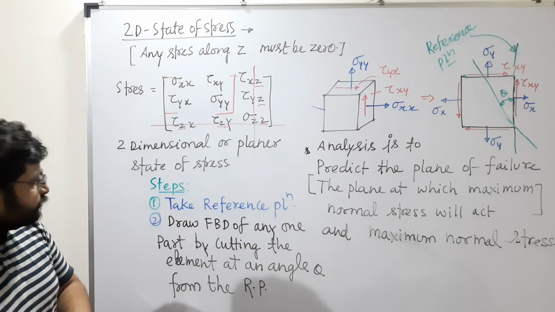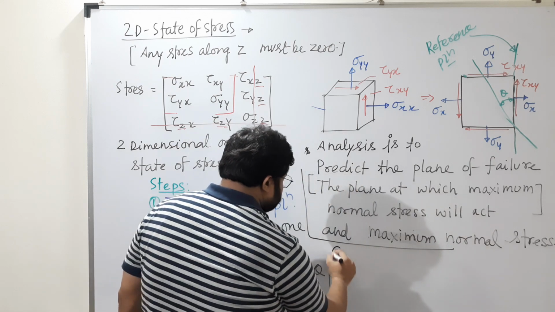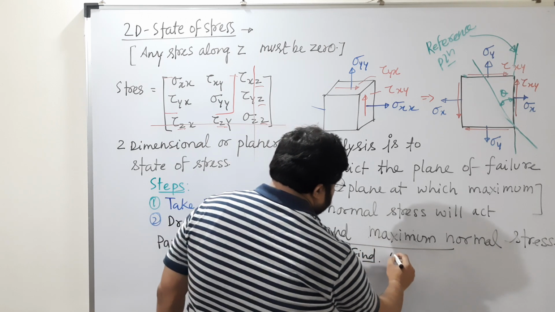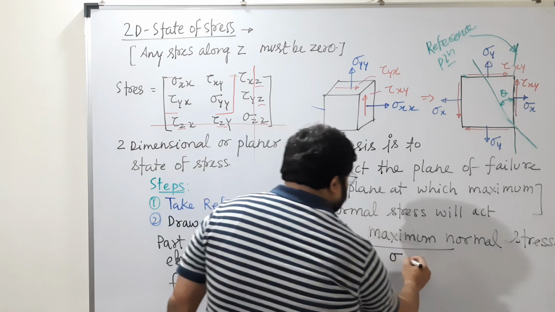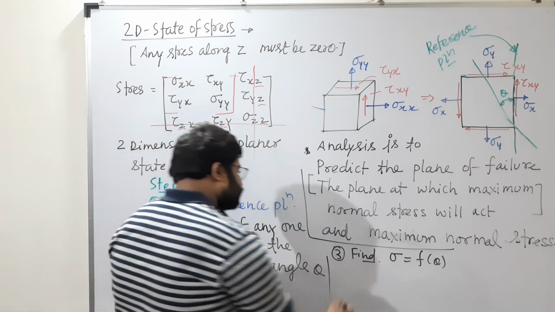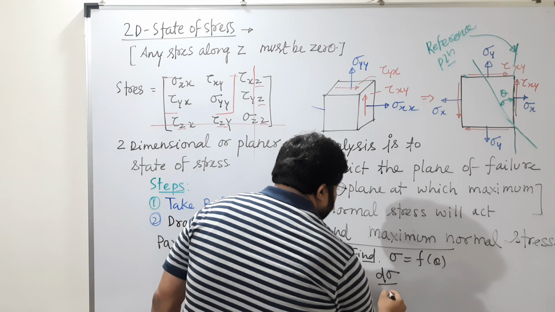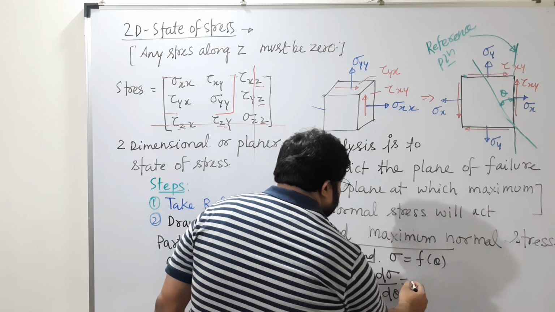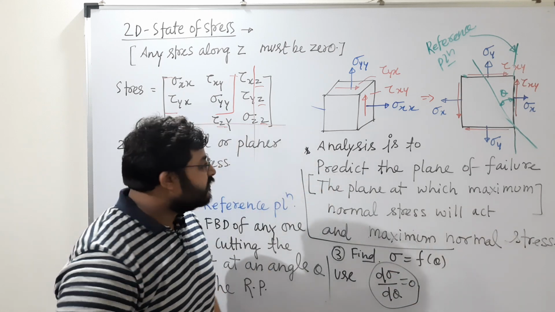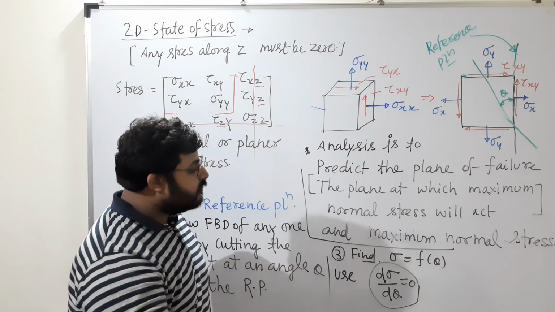Then the third step will be to find sigma as a function of theta, that is, the normal stress at an angle theta. Then use d sigma by d theta equal to 0. This is mathematical: if you want to find the maximum value of y, you differentiate it with respect to something and then put that value in again.